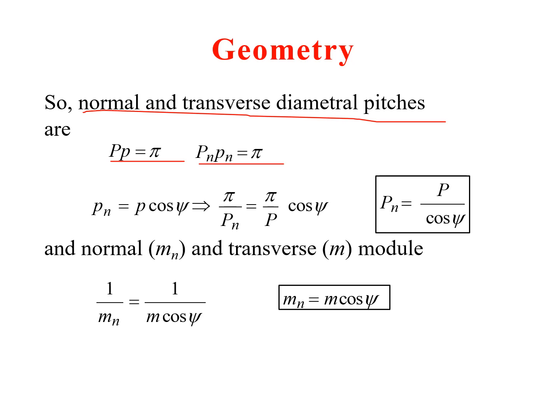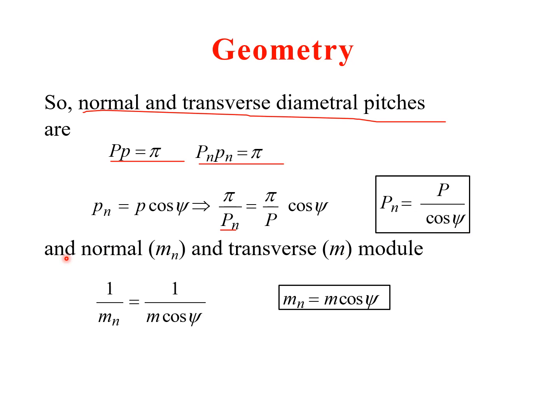So substituting the value of small pn and small p, small pn is pi by capital Pn, whereas small p is given by pi by capital P. So pi gets cancelled out, and what remains is Pn is equal to P cos psi.